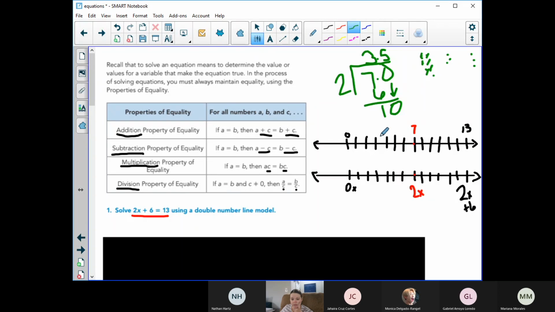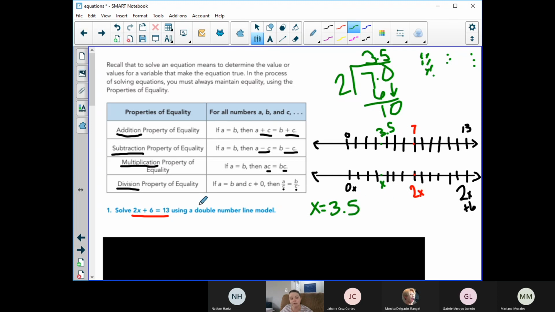So 1, 2, 3, and a half would be right here. Here is my x. So in this problem, x is equal to 3.5.